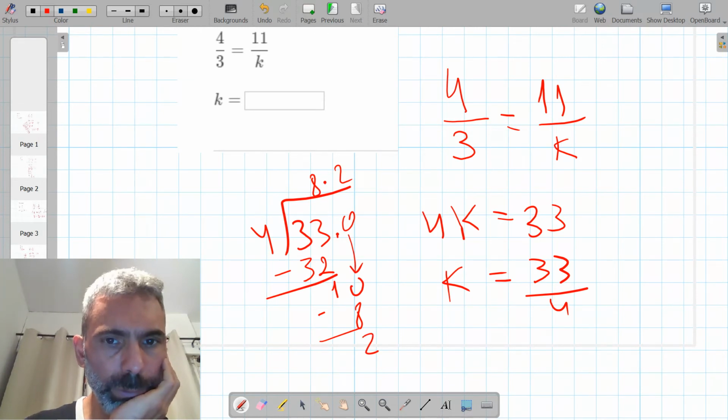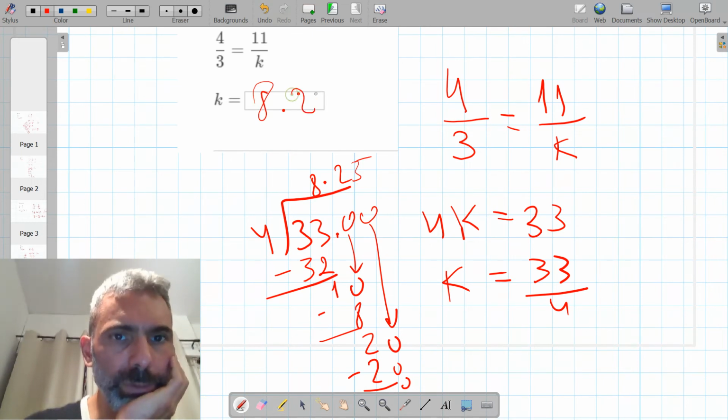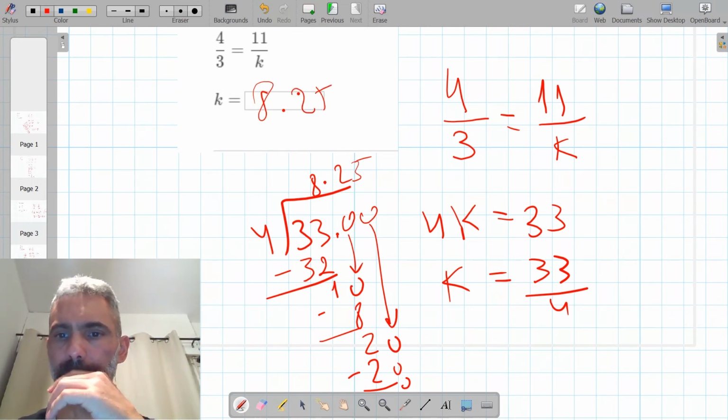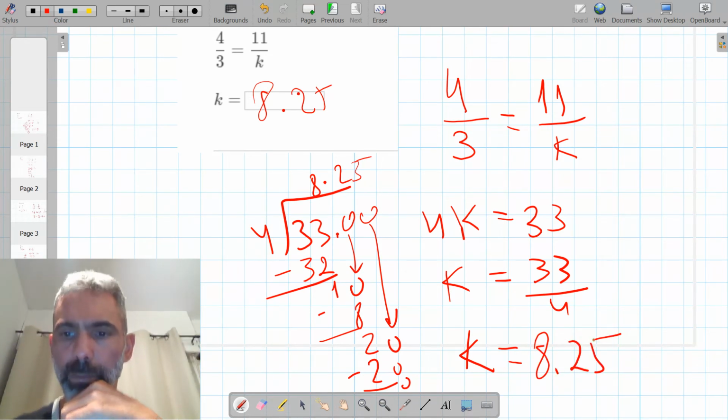Remainder 2. Bring down another 0. 4 goes into 20 5 times. 5 times 4 is 20. So k equals 8.25.